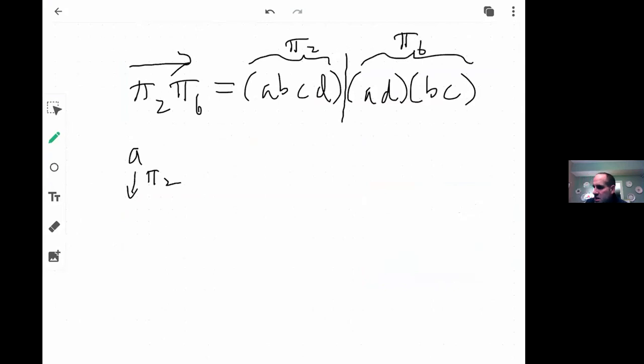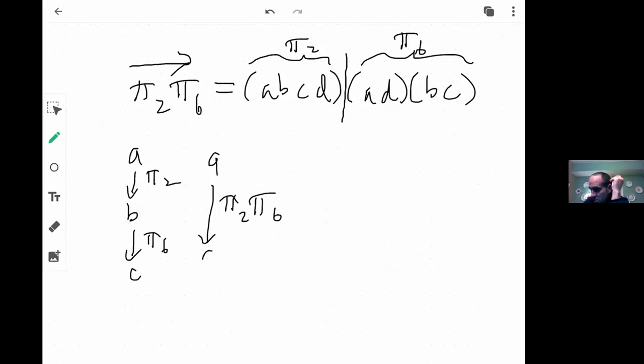If I apply pi 2, A goes to B. But then I need to apply pi 6. Where does pi 6 send B? Pi 6 sends B to C. So overall, where did A go when I applied pi 2, pi 6? It went to C. So let's write that down. A went to C.